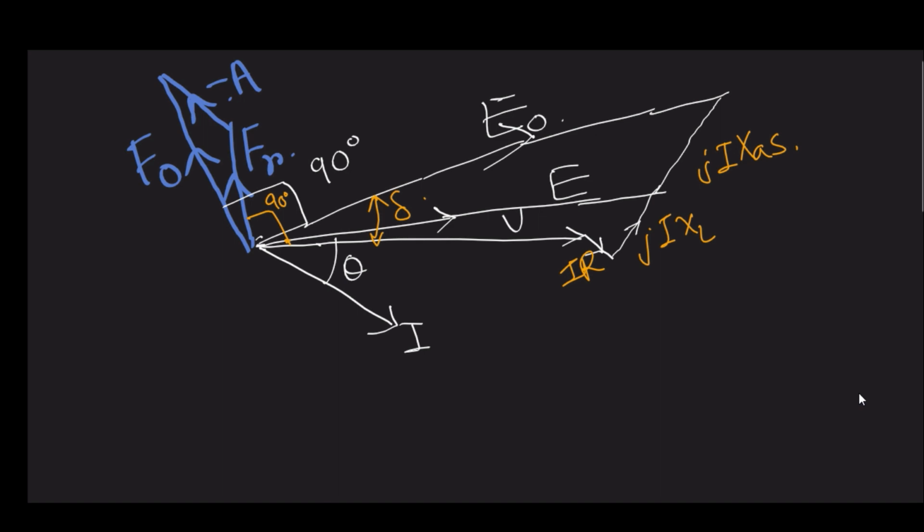One thing make it very clear: this one is the working flux, and that is why it is leading this one, your E. Right. Now this is the case of generator. I am discussing only cylindrical rotor, salient pole rotor we will discuss later.